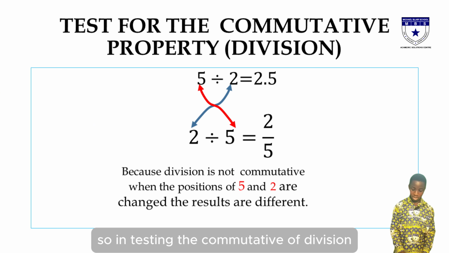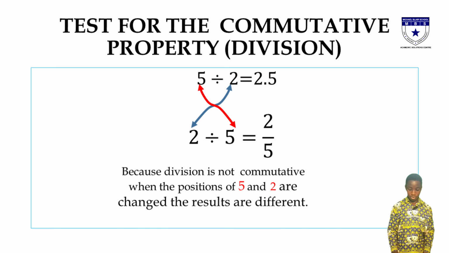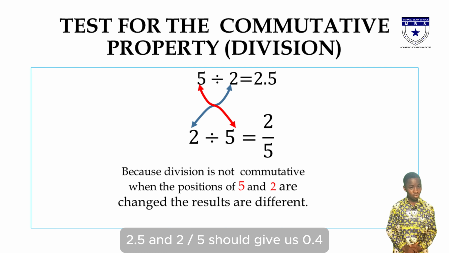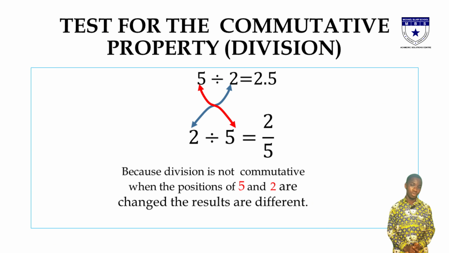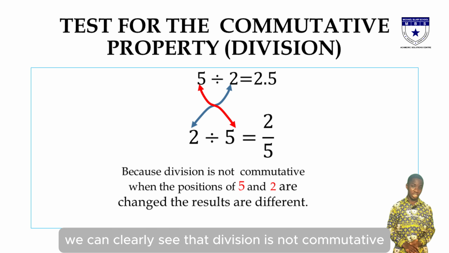In testing the commutativity of division using 5 divided by 2 and 2 divided by 5, 5 divided by 2 should give us 2.5, and 2 divided by 5 should give us 0.4. So because 2.5 is not equal to 0.4, we can clearly say that division is not commutative.